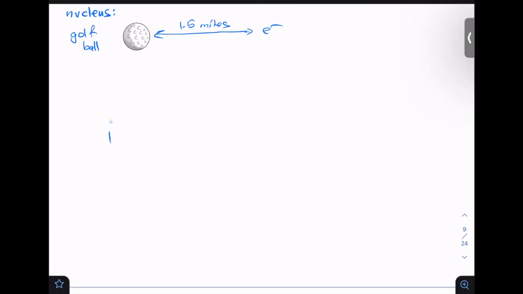You've got to go, where is it? Oh, here. You've got to go about 10,000 times farther than the relative distance between the Earth and the sun to get to the relative distance of the nucleus, if it were the Earth, and the closest electron. That's how far. Mind blown? Yeah, right? It's pretty far.